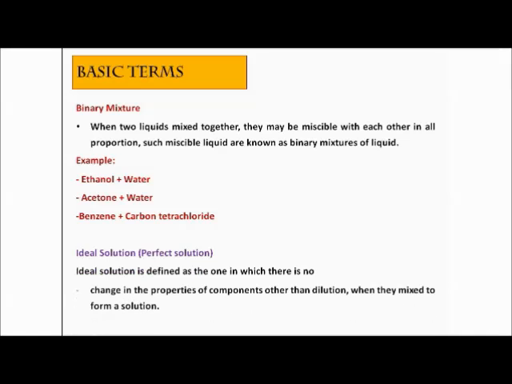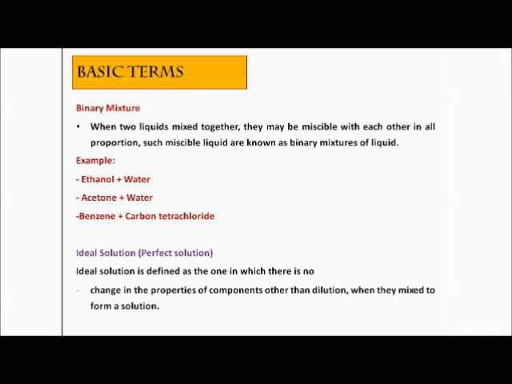As per the definition, ideal solutions are those solutions in which there is no change in the properties of the components other than dilution when they are mixed to form a solution. I repeat, ideal solutions are those solutions which don't change in their properties except mixing.